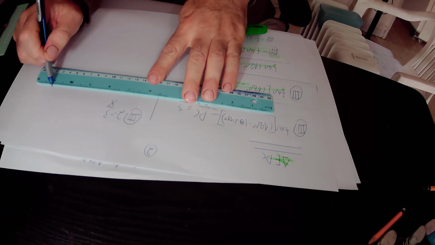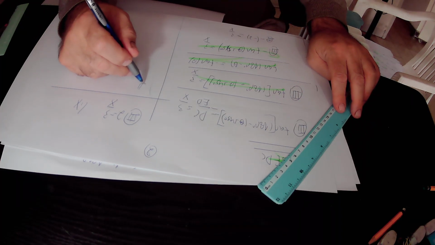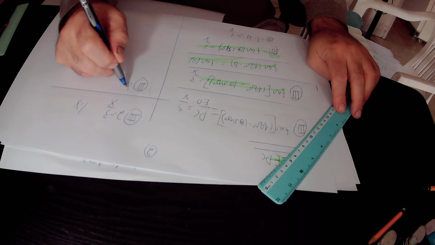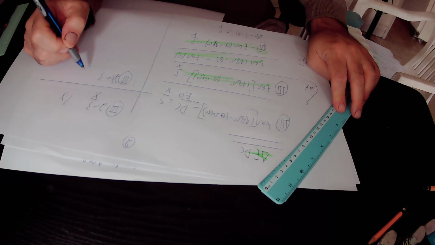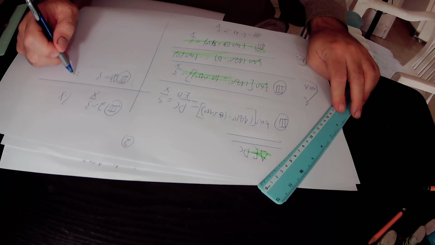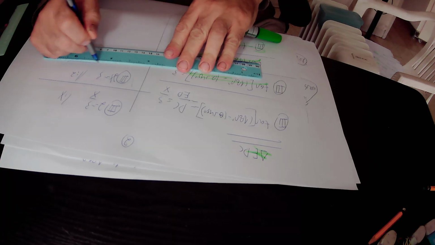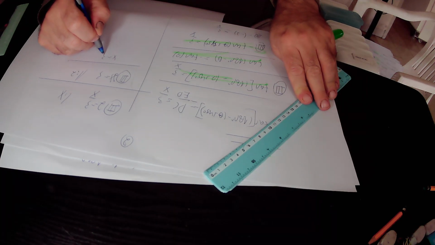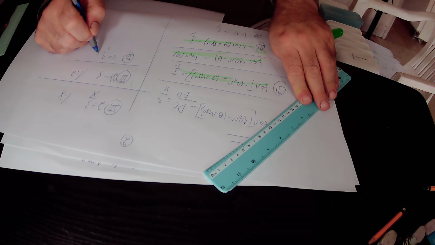Here we multiply this equation by x and get 2x equals 3. Then we divide by 2 and find that x equals 3 halves, which is 1.5.